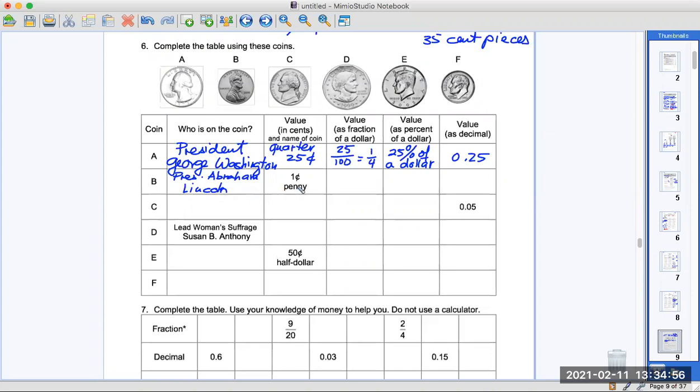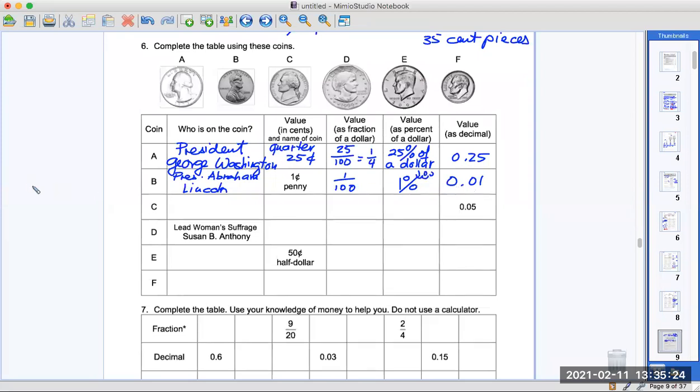Now the cent, the penny as a fraction of a dollar, is 1 over 100. 1 out of 100, and that's 1% of a dollar. And as a decimal, it's actually 0.01, because remember, we got to move our decimal 2 spaces to the left. So if you take 1%, write it with some zeros and go 1, 2.